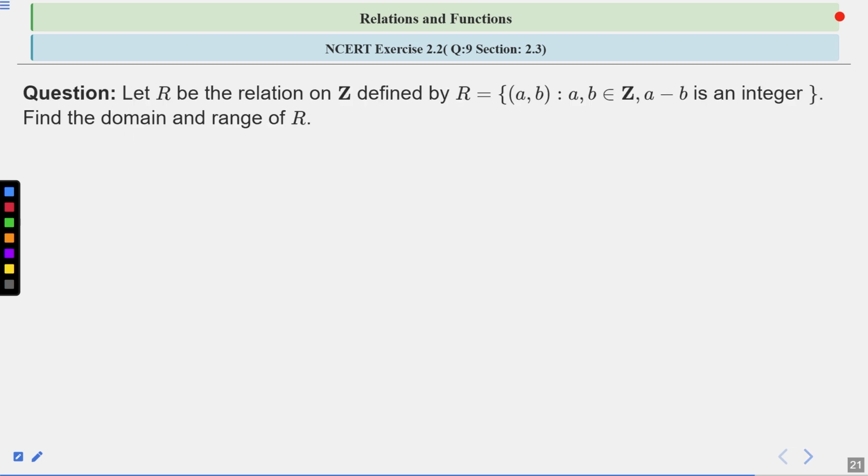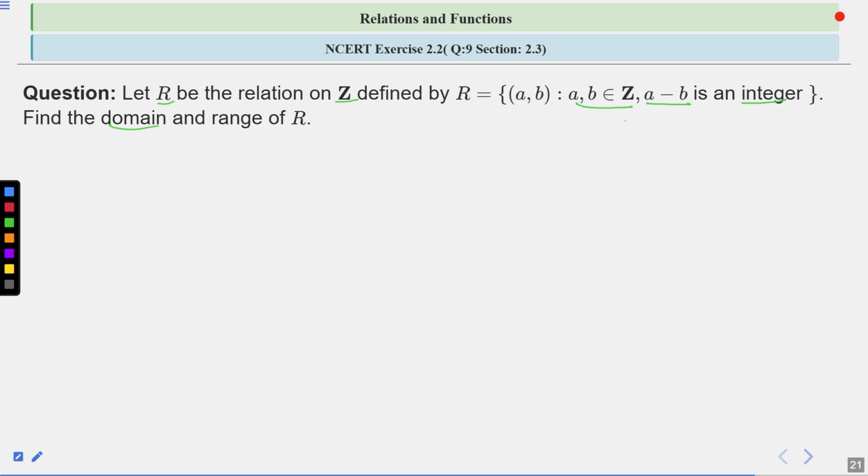Now this question. Let R be a relation on the set of integers. The relation is defined simply as the collection of all pairs (a, b) such that both a and b belong to the set of integers and the difference a minus b is an integer.